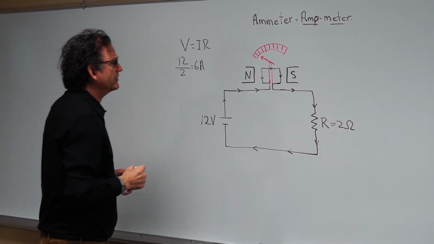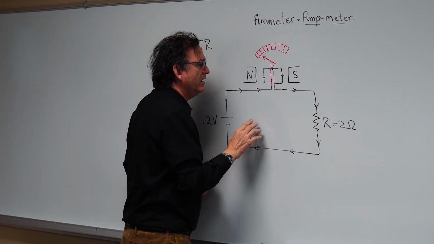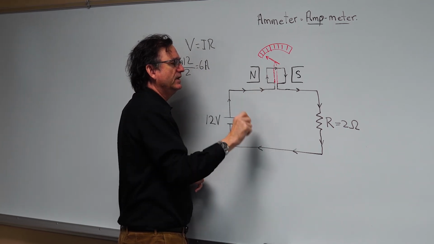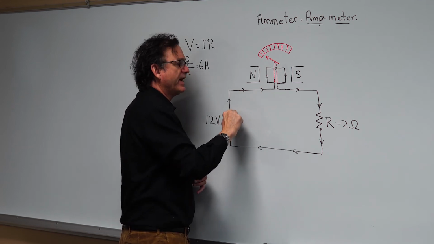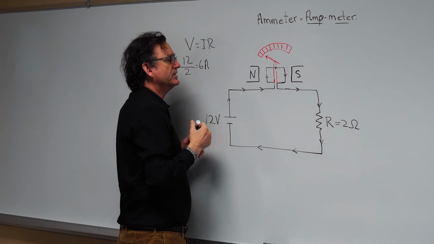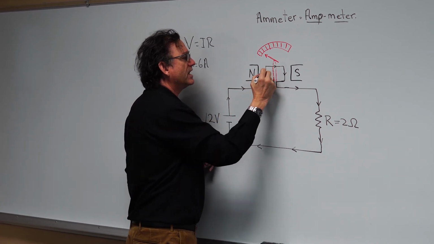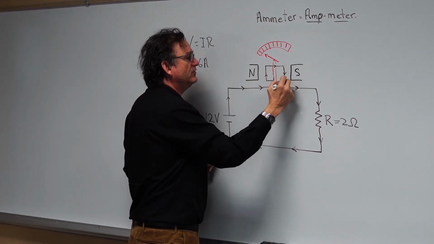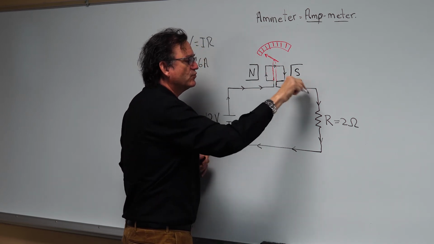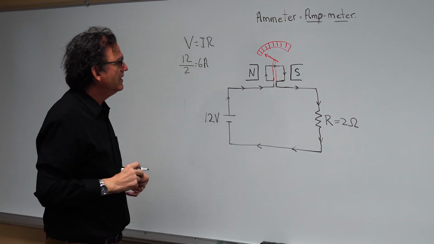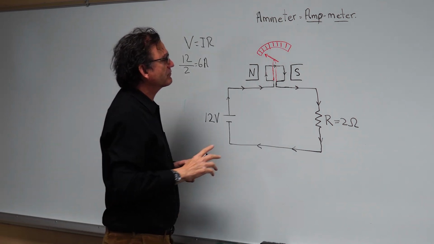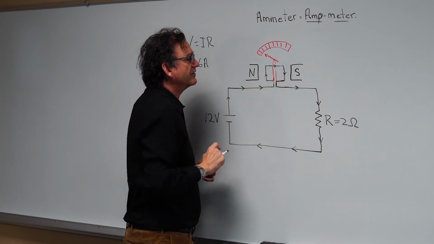But I've drawn a picture of it for you right here, where I make a small excursion of the current going from the battery to the resistor by going up through a loop that is illustrated in the black lines. And the current goes through a loop and then goes back into its normal path through the circuit. Now as a result of this, the current is passing through an area where there is a magnet here.